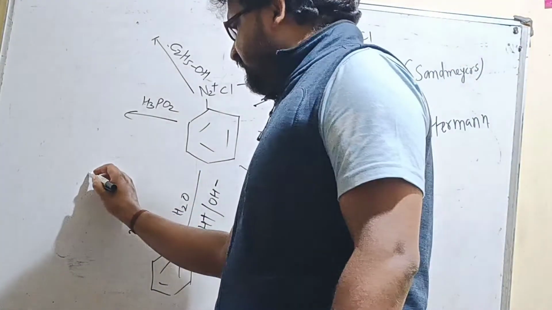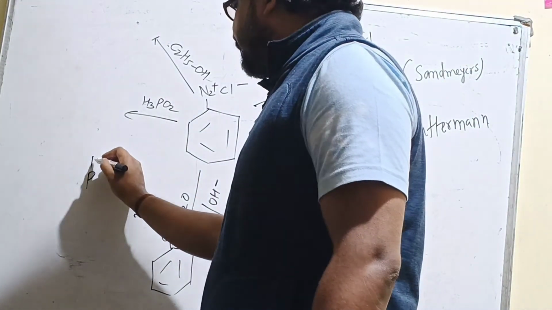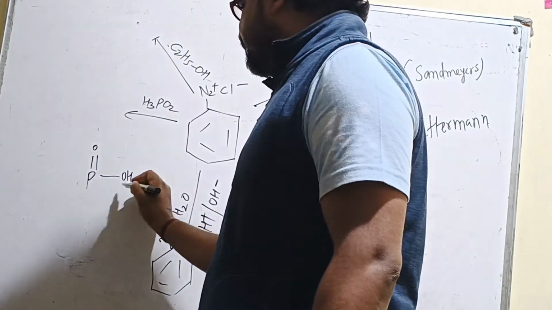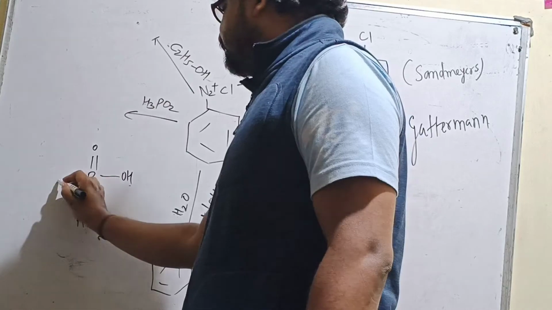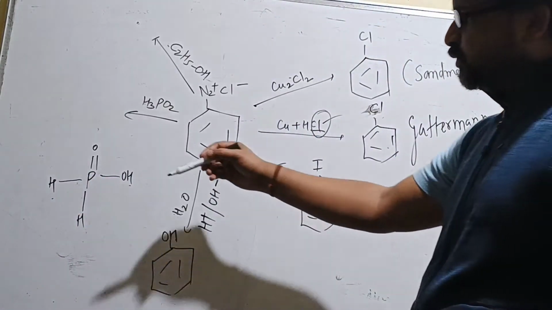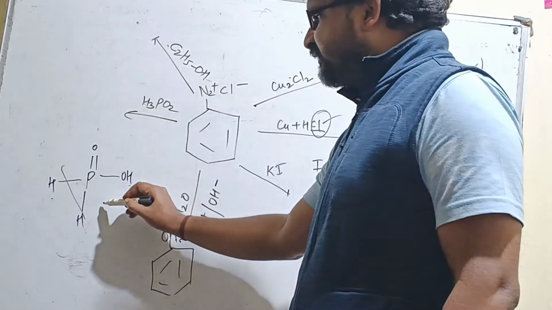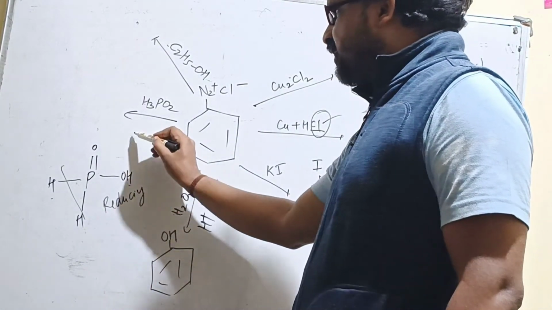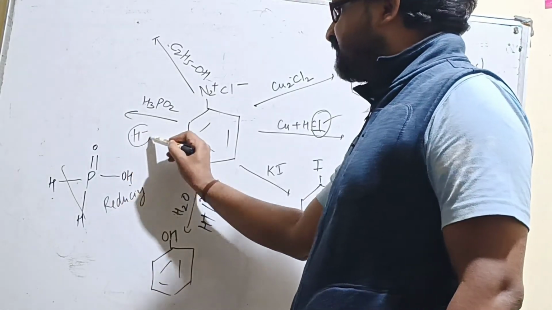If you see the structure of H3PO2, it has two P-H bonds and is reducing in nature. Its main job is providing H minus.